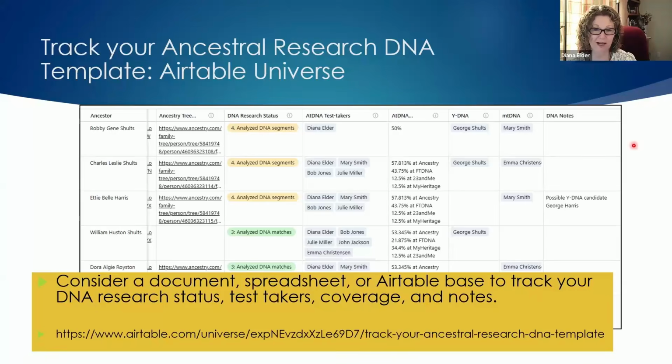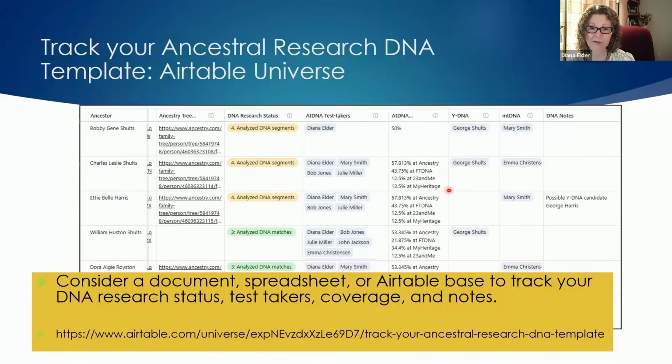It's all anonymized. And when you go to Airtable Universe, if you do want to try using this out, then you will get either one that's blank or one that's got some examples like this. So you'll see I've got here where I can put people who've shared their autosomal DNA with me. They're my test takers. And then I've calculated the coverage for each of these ancestors and put it at whichever testing companies.